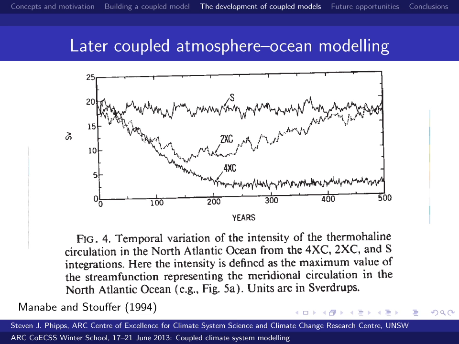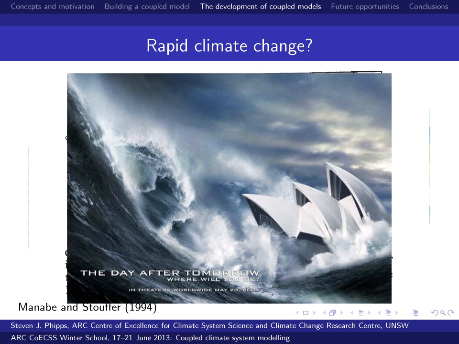And of course, this paper showing that the overturning circulation shuts down in response to increasing greenhouse gases was 1 decade later filmed. It turned into a movie. But actually that paper was the basis of where the idea came from, that was subsequently developed, that, like I say, 10 years later was entertaining cinema audiences with that wonderfully realistic example of rapid climate change.